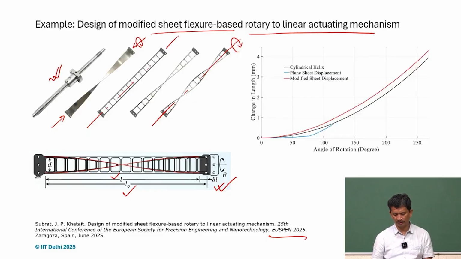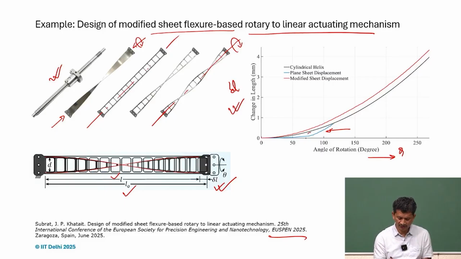So this is the comparison: change in length versus the rotation. There is rotation theta, and this is delta L. This blue line is for the strip, the flat sheet flexure.